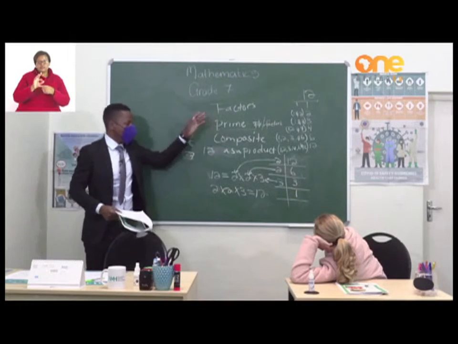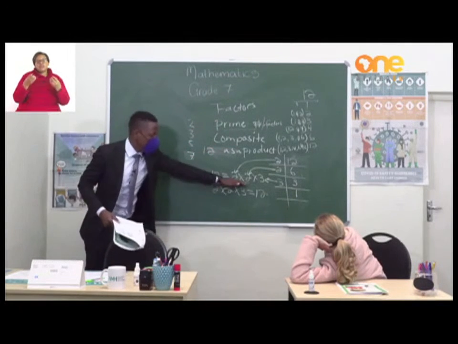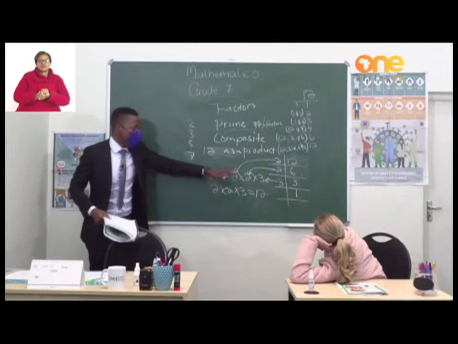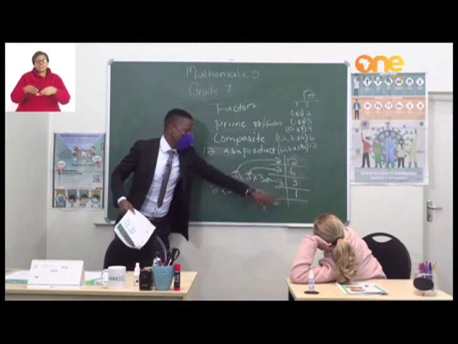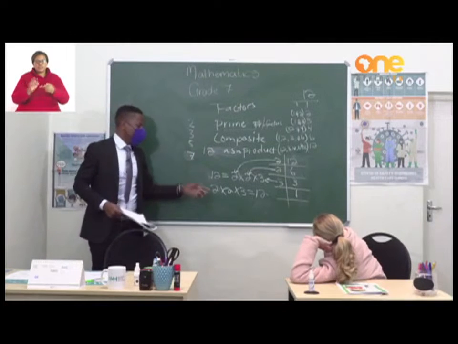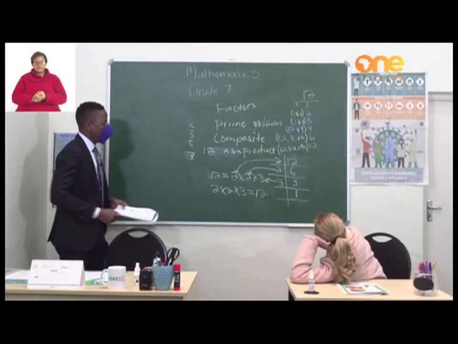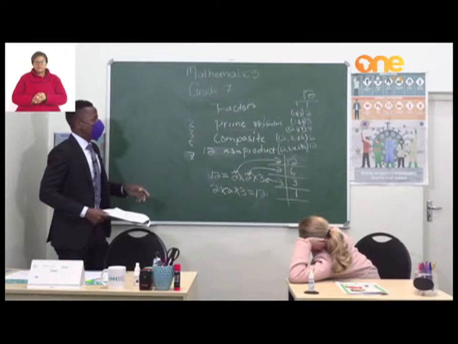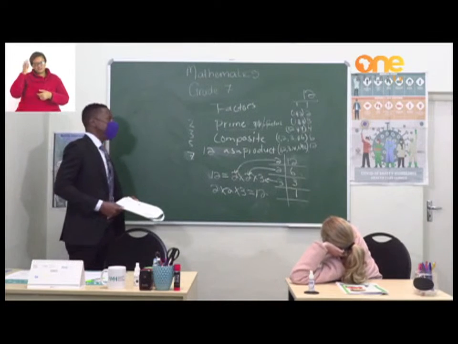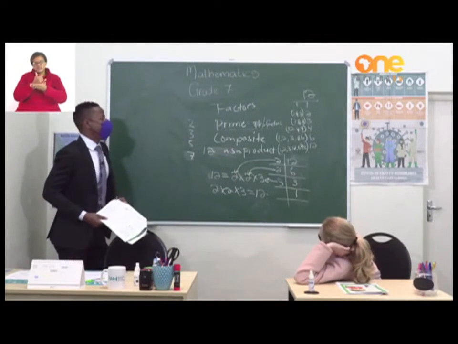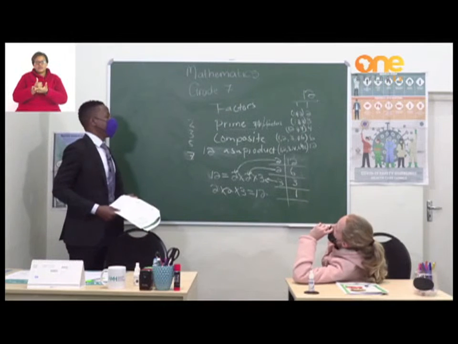Writing as a product of its prime factors, you do it this way, but you need to show your work on how you get to the answer. So with that, I believe we can understand and do our activity much, much better.